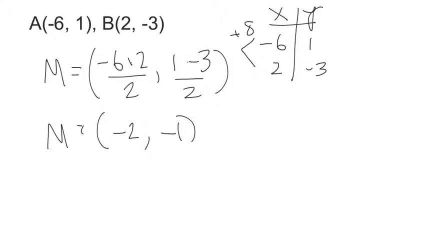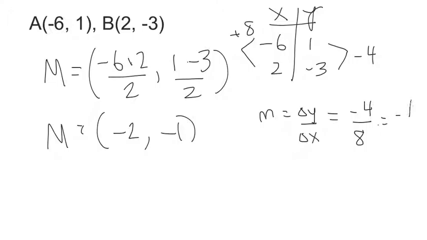I'm going over 8, and in this case, I'm going down 4. So my slope equals change in y divided by change in x, or rise over run if you prefer, which in this case is -4 divided by 8, which is -1/2. So that was the slope of my line segment. The perpendicular slope is, again, the negative reciprocal of that, which would just be positive 2.